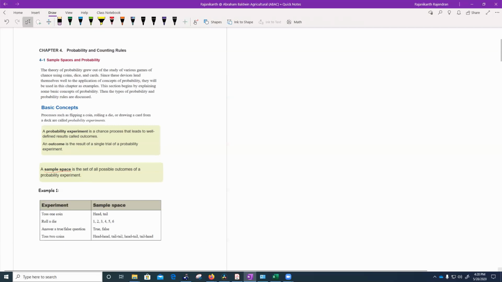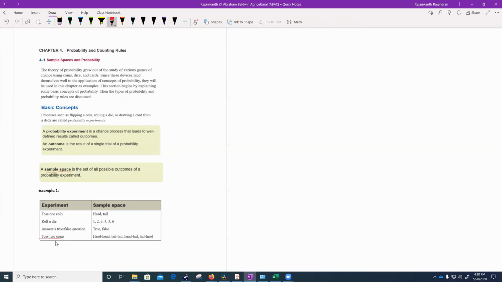Look at the last example I have given under probability experiment. If you toss two coins, then what are the possible outcomes you may get?